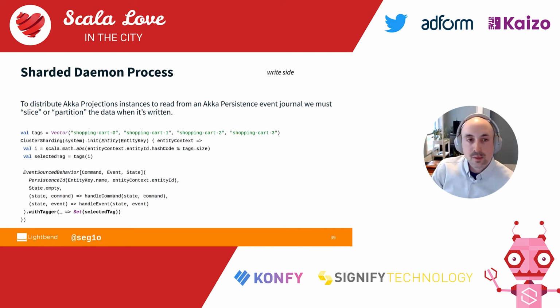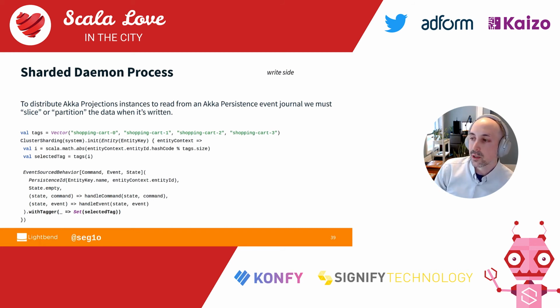Like I said before, I want to explain this in the context of projections. If we want to use sharded daemon processes to scale up projections, to run them on many nodes, we have to first make sure that the data in our event journal is partitioned so that we can read unique data for every projection instance that we instantiate.